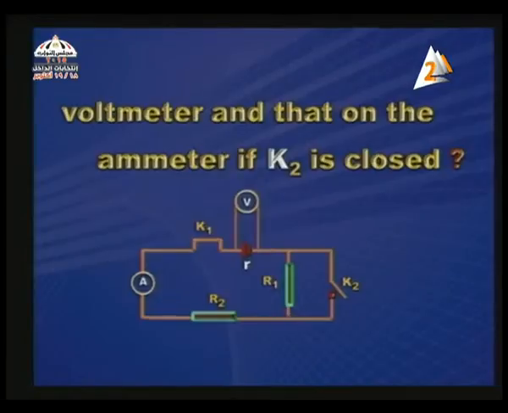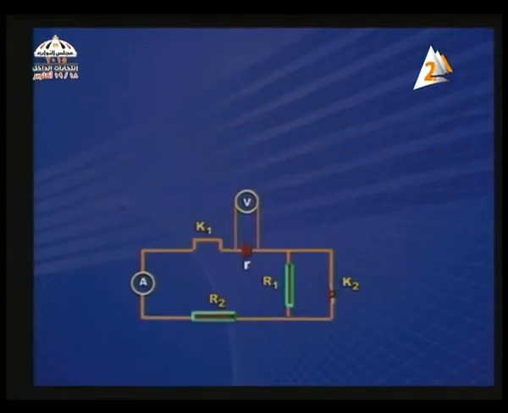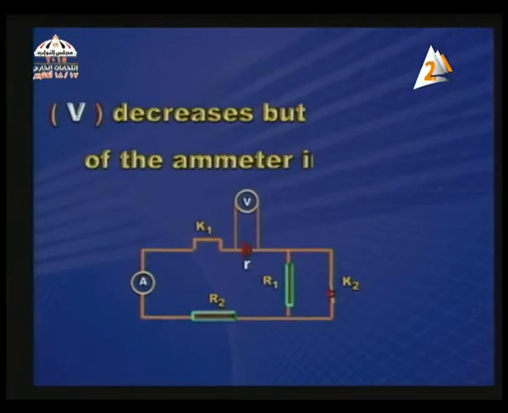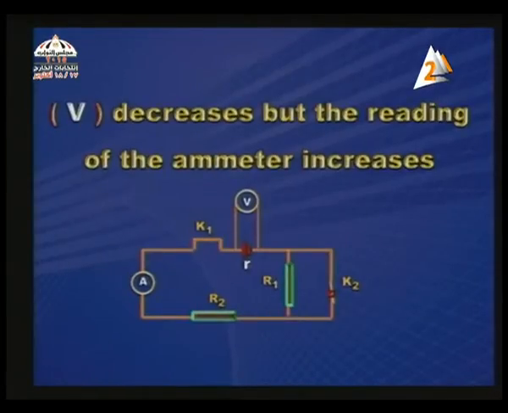So let me say it again. When K2 is closed, R1 is disconnected from the circuit, as if it was removed from the circuit. What effect does this have on the reading of the voltmeter, the terminal voltage, and the reading of the ammeter, the current passing through the circuit? The key is closed. V decreases, but the reading of the ammeter increases.